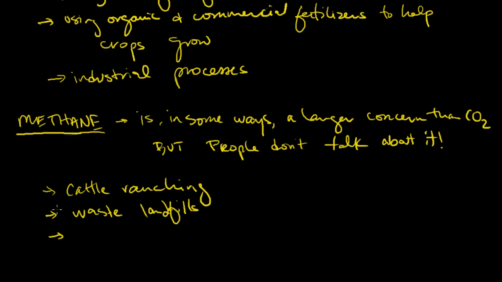And in making natural gas, which is methane. So making it and really distributing natural gas. So whenever there's a break in pipes or anything like that, we were losing it.